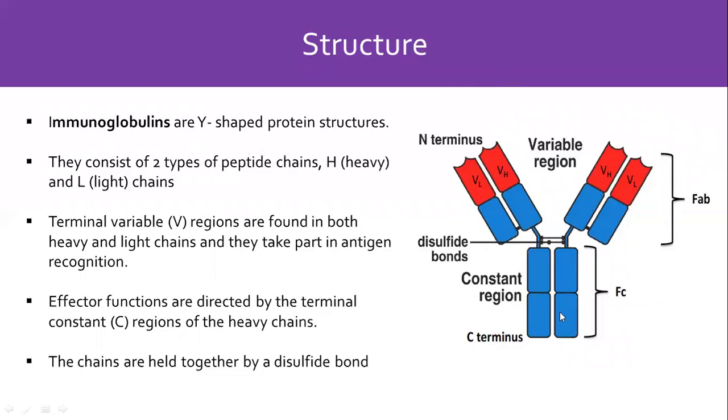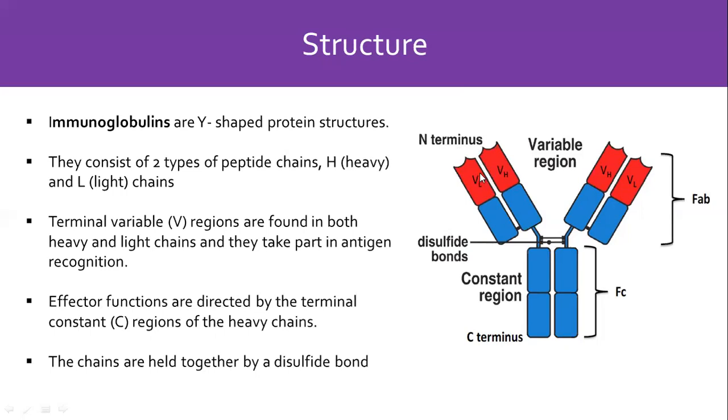All the way down, this is called the heavy chain, and then we have another pair of chains on the outer section, normally found on the upper section, and these are called light chains. The terminal sections of both the light and the heavy chains, which are found on the antigen binding site for antigen recognition, are called the variable regions.